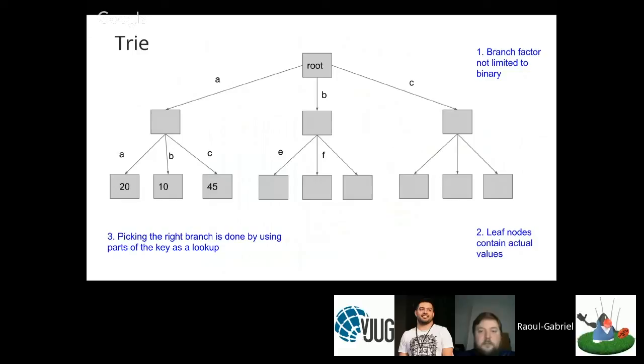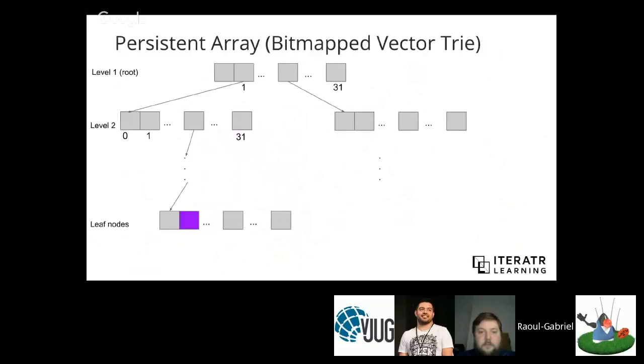So how can we apply this to solve a problem with a tree example? Well, a new data structure called a bitmap vector trie uses this general idea that you can have a larger branching factor than a binary tree. And if we use a larger branching factor, that means we'll reduce the number of lookups required to find the specific element that we'd like to update.